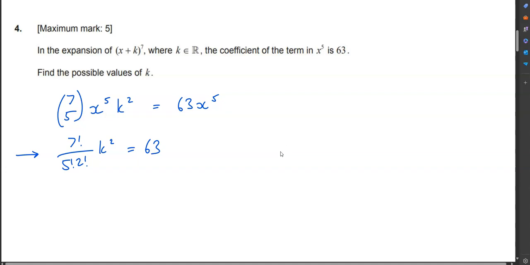So we can make this statement here. 7 factorial divided by 5 factorial, that leaves me with 7 times 6 divided by 2 factorial, k squared equals 63. So that's 7 times 3, so it's 21k squared equals 63. K squared equals 3. Possible values of k then are k is plus or minus the square root of 3.